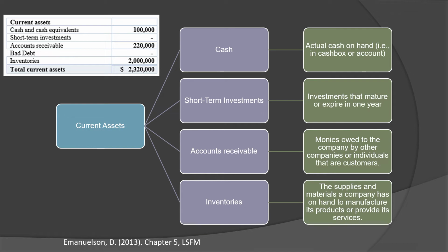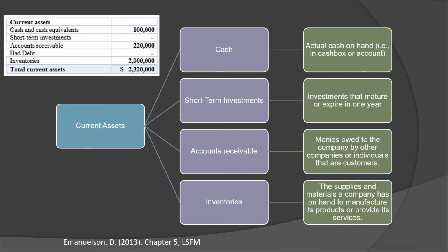These are investments that would mature or expire in one year. For example, a GIC or a bond: you've invested, it's going to mature, and you'll get your investment back within the next year.